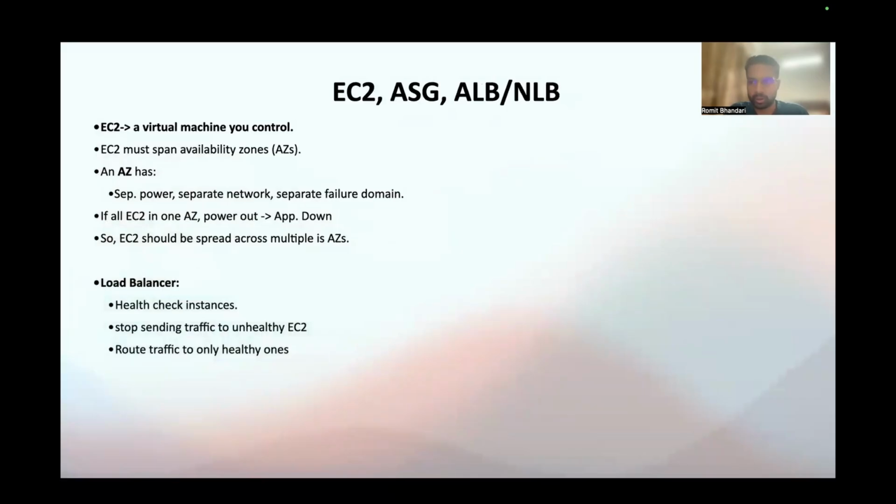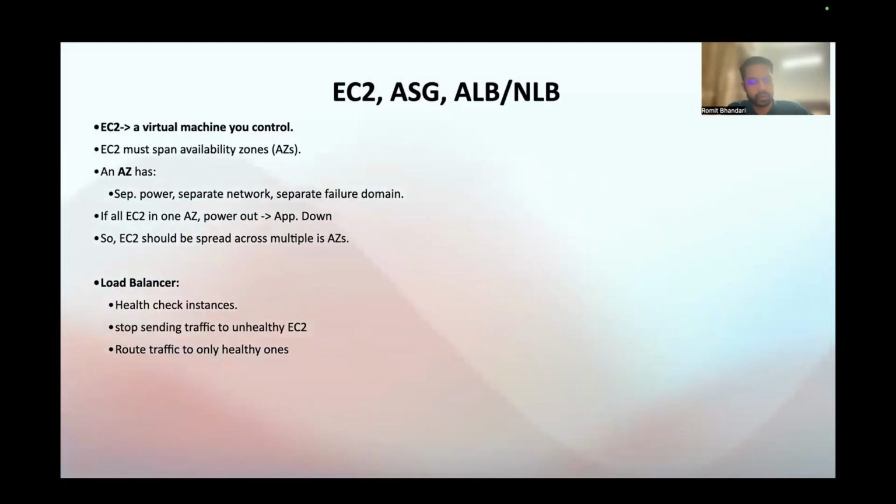This is one of the concepts we, this would be the last concept before we wind this particular tutorial on compute services in AWS. Now, EC2 must span multiple availability zones for the entire thing to be highly available, right? AZ, as we already spoke in another previous videos, should have separate power, separate network, separate failure domain.